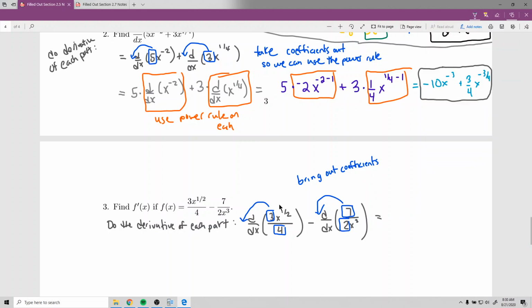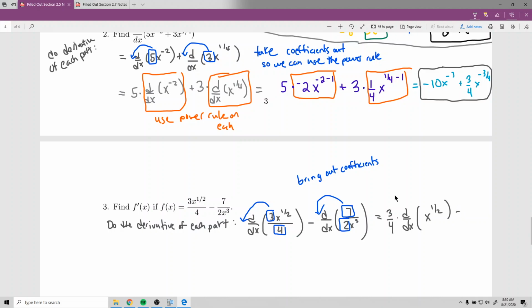When I bring out the 3/4 from the first one, what's left inside is only x to the 1/2. And the fraction's gone because we brought the entire 4 out from the bottom.